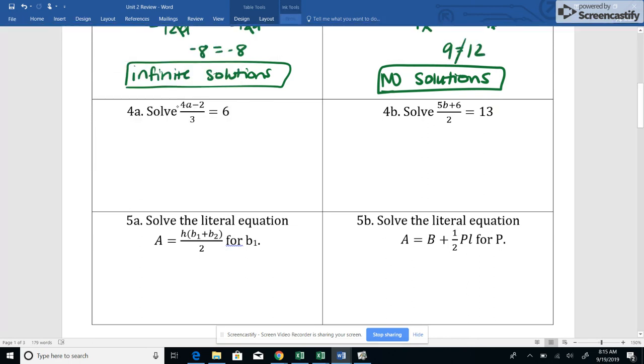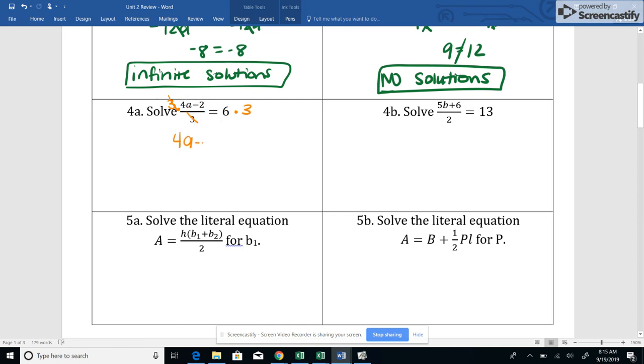Okay. We see this kind of special case of an equation where the entire left side is a fraction. Entire left side, or it could be the right side, but the entire side is a fraction. So in order to get rid of a divide by 3, when the whole entire expression is divided by 3, we're going to multiply by 3, both sides. 3 and 3 are going to cancel.